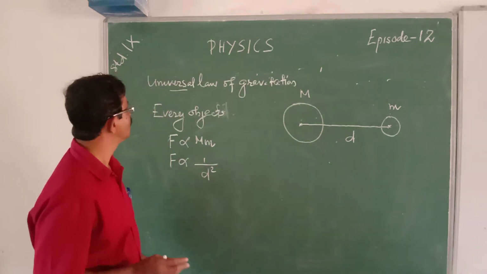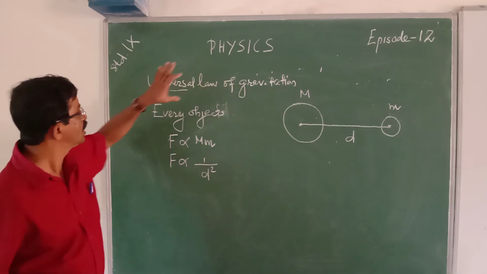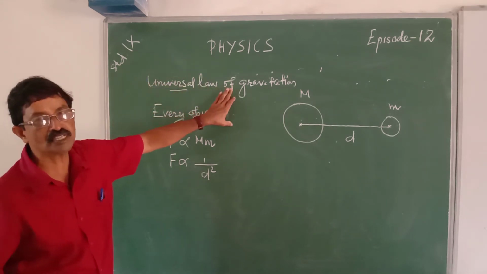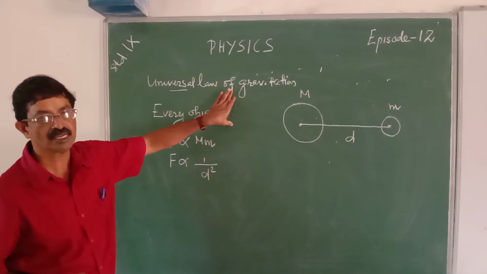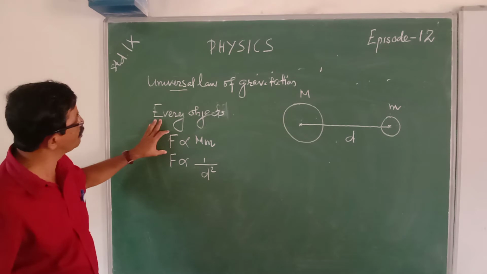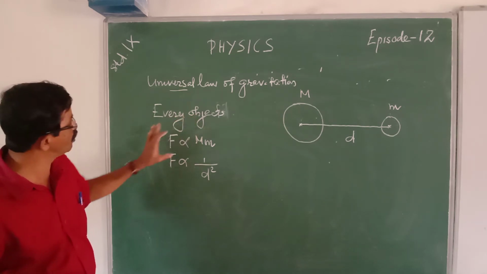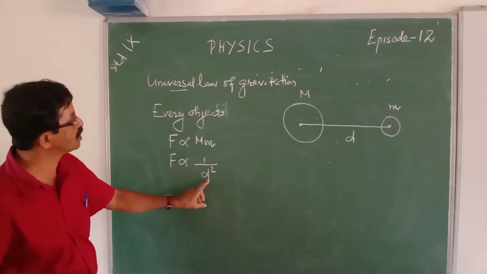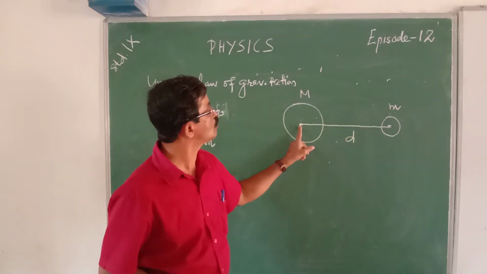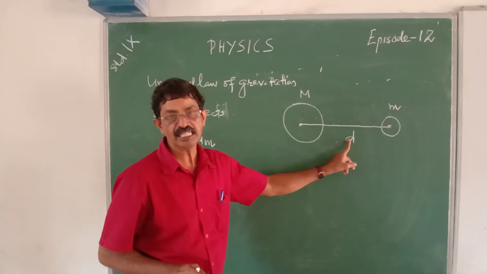Once again, Newton's universal law of gravitation says every object in the universe attracts every other object with a force, and that force is directly proportional to the product of their masses and inversely proportional to the square of the distance. Here the masses are capital M and small m, and the distance from the centers of the bodies is taken as small d.